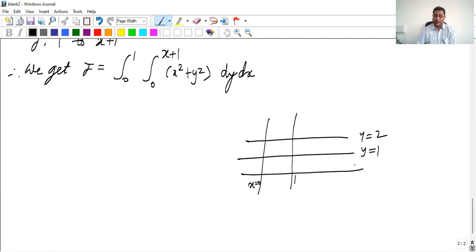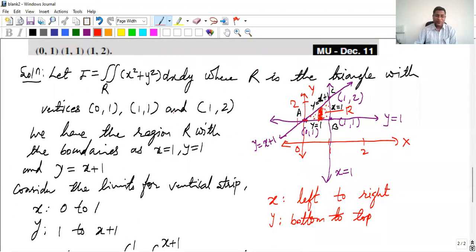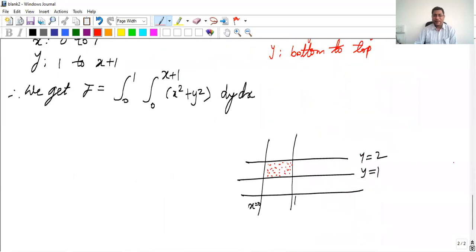If we say that y is running from 0 to 1, that means we are claiming this area. Is it a triangle? No. The given area is a triangle, no? Yes. So when you say y is running from 1 to 2, that means we are claiming this area.